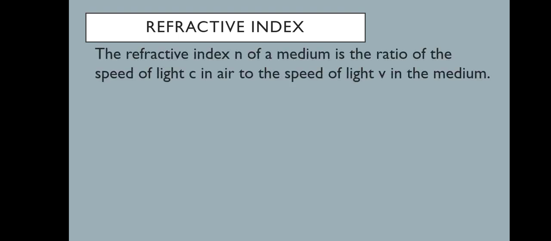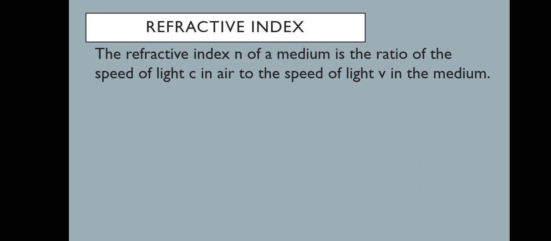Refractive index is defined as the refractive index n. N is the symbol for the refractive index of a medium. It is the ratio of the speed of light c in air to the speed of light v in the medium. Both of these are speeds, so we have taken the speed of light as c in air and the speed of light in any medium through which the light is passing, the medium of which we have to find the refractive index.